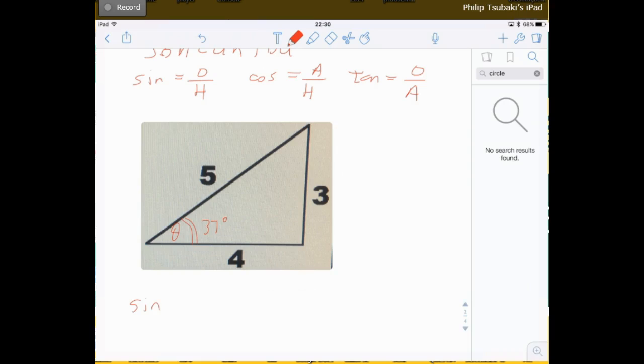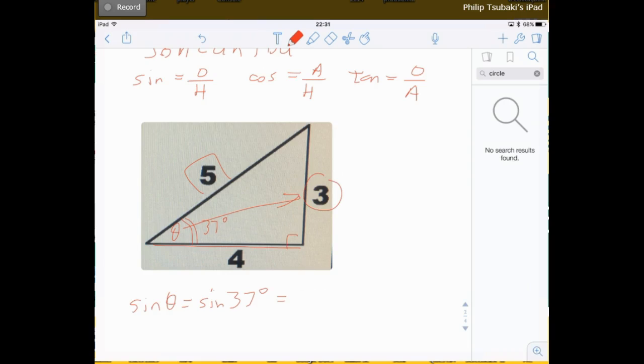So the sine of theta, or the sine of 37 degrees, is equal to the opposite from the angle divided by the hypotenuse. Remember, the hypotenuse is the slanted side, and the right angle sides are called legs.